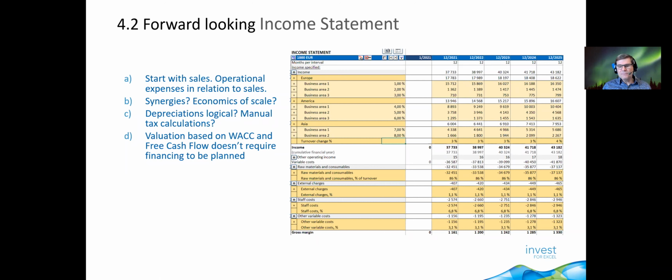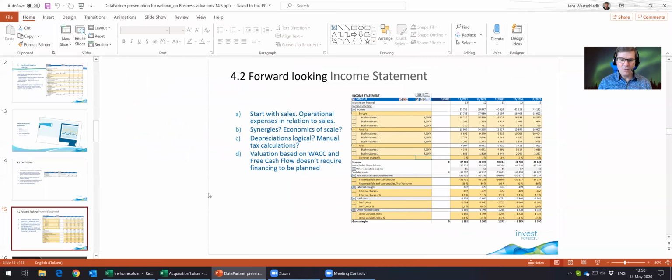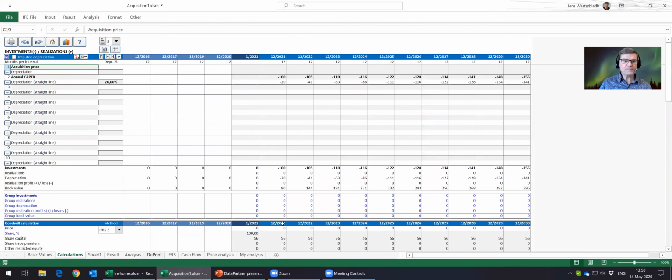And then the easy way is to put the cost in relation to sales, so maybe start with the percentage of turnover on net sales. Then taxes and depreciations, and we don't really need to model financing at this stage. Okay, let's look at it in practice.